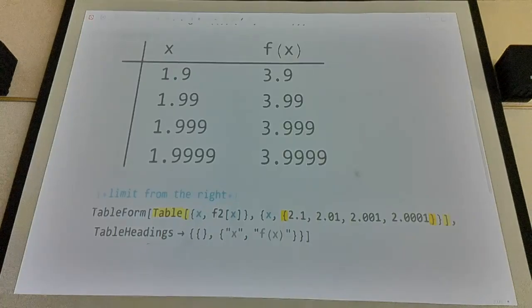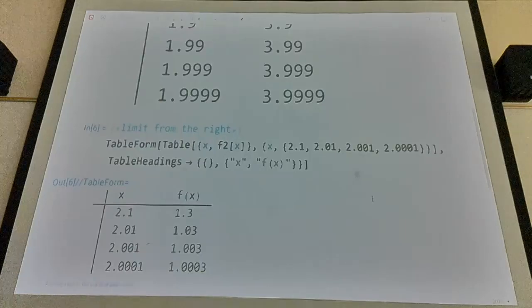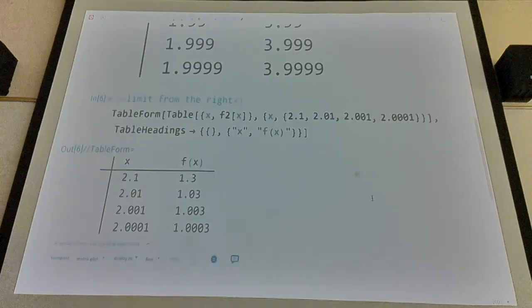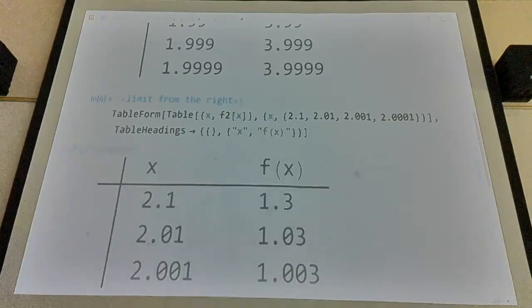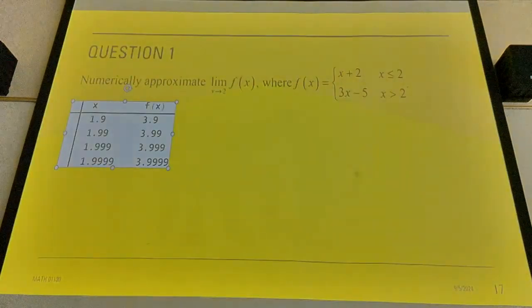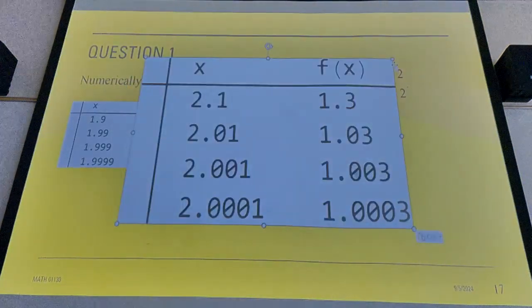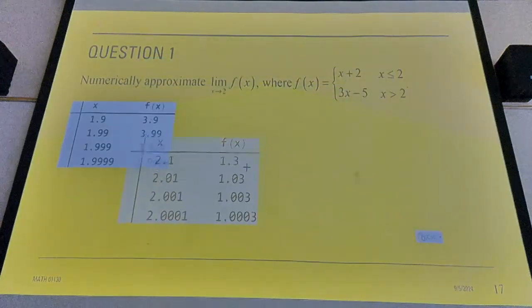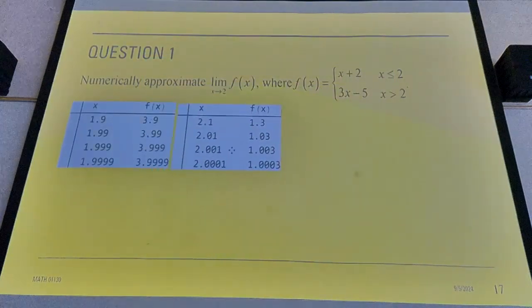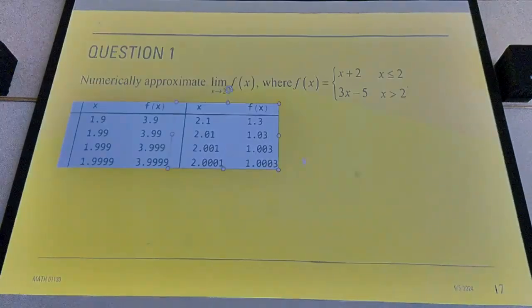Is that enough to tell us what it's doing? What does it appear to be doing? Approaching 1. Appears to be approaching 1. Is it approaching a single value?